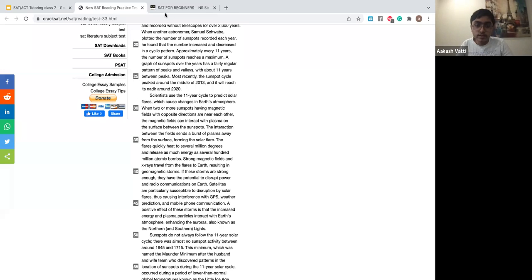Strong magnetic fields and X-rays travel from the flares to Earth, resulting in geomagnetic storms. If these storms are strong enough, they have the potential to disrupt power and radio communications on Earth. Satellites are particularly susceptible to disruption by solar flares, thus causing interference with GPS, weather prediction, and mobile phone communication. A positive effect of these storms is that the increased energy and plasma particles interact with Earth's atmosphere, enhancing the auroras, known as the northern and southern lights.